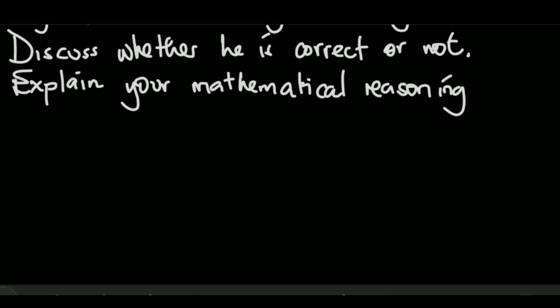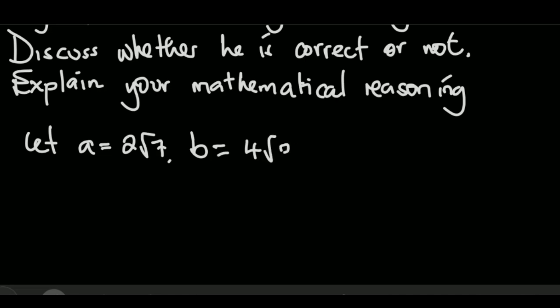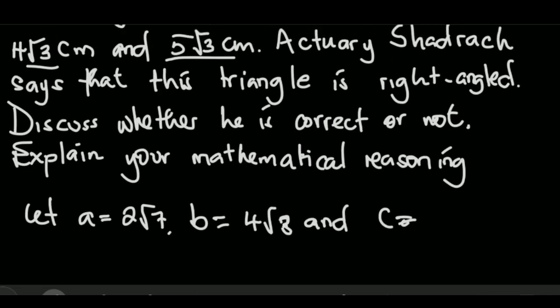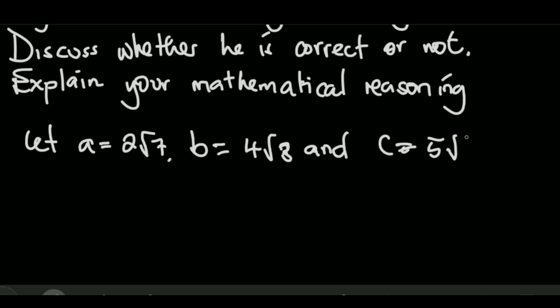So we let the three sides A, B, and C be A equal to 2 root 7, B equal to 4 root 3, and C equal to the largest, which is 5 root 3.